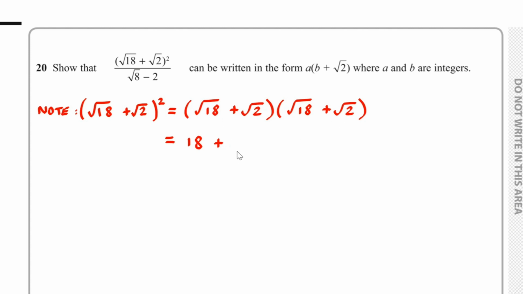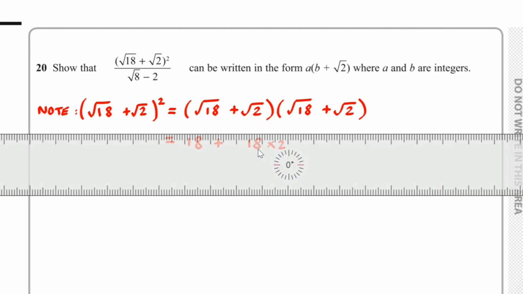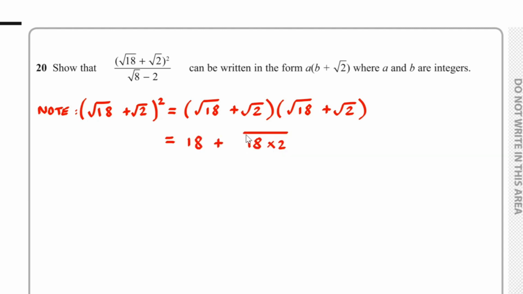Now root 18 times root 2, that's the same as 18 times by 2, then square rooted. And then I've got another root 2 times root 18. So I'm adding on root 18 times 2, and then I've got root 2 times root 2, which is 2.